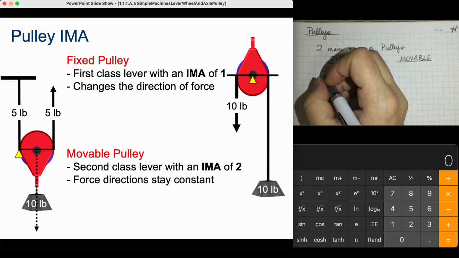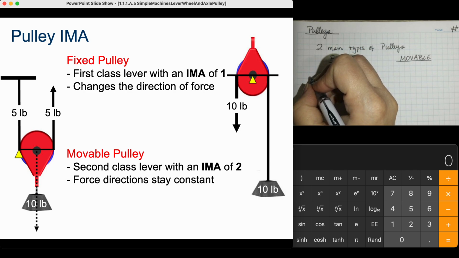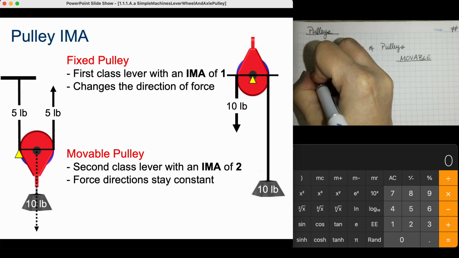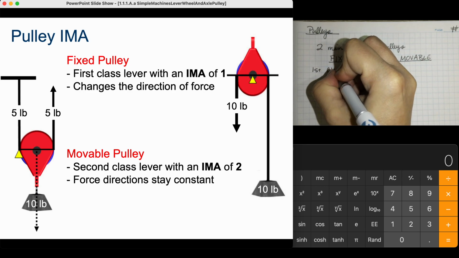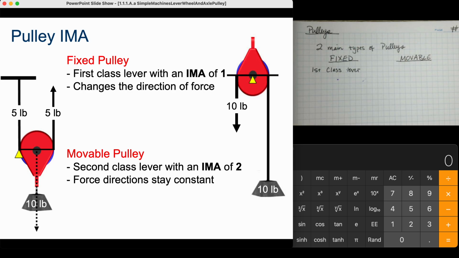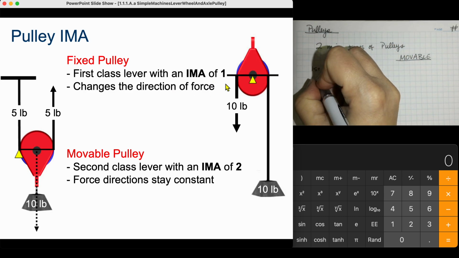Your fixed pulley is basically a first-class lever. And that is because you can see that the fulcrum on this pulley is right here in the center. That's where things are being rotated from. And the IMA is going to be equal to 1.